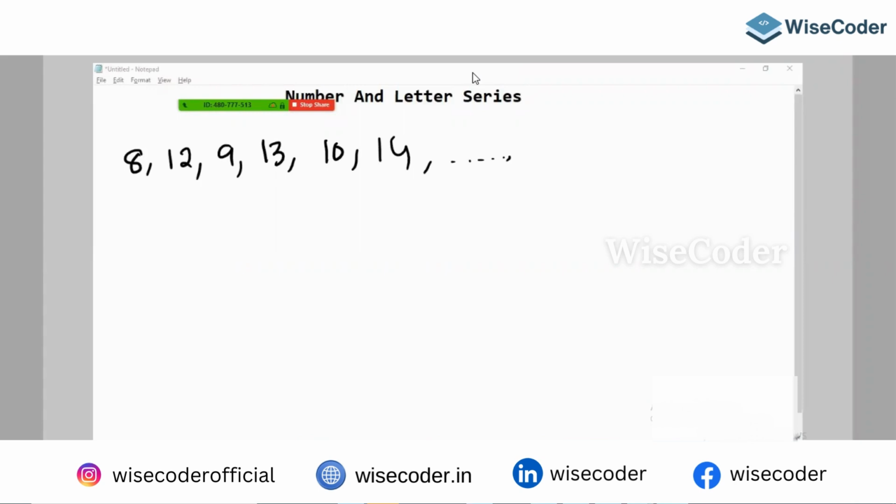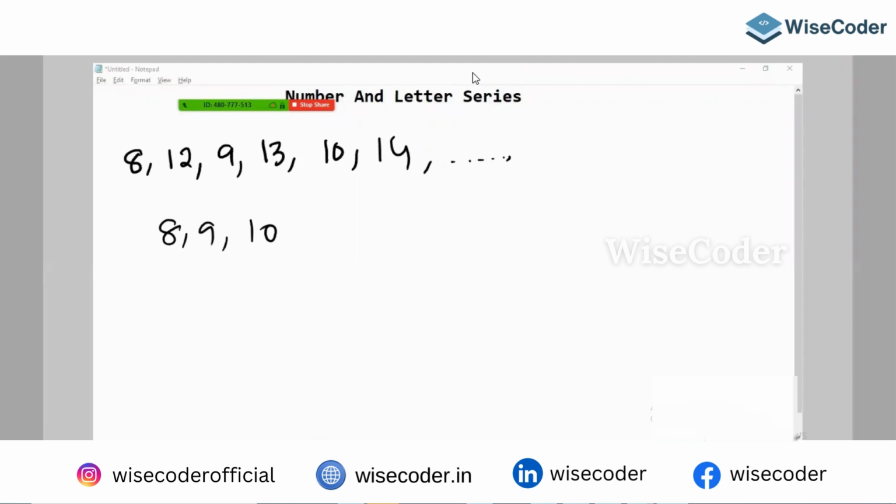If you closely look at here, the first, third, and fifth terms are what, guys? 8, 9, 10, from one series, whereas the second, fourth, and sixth terms are the next ones.